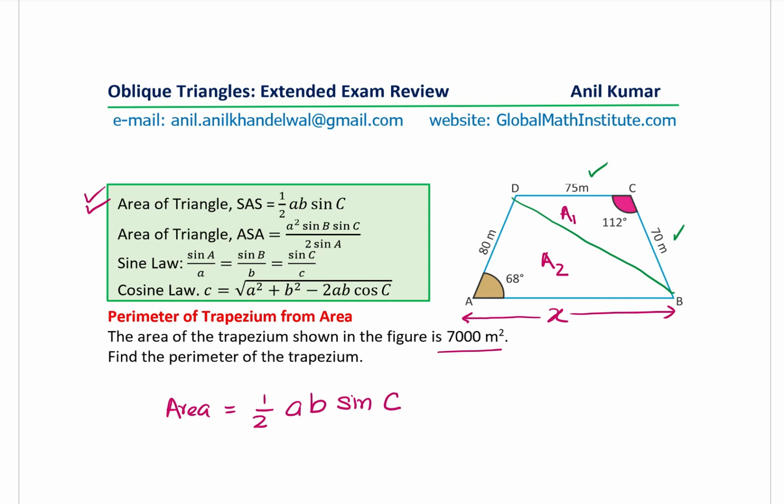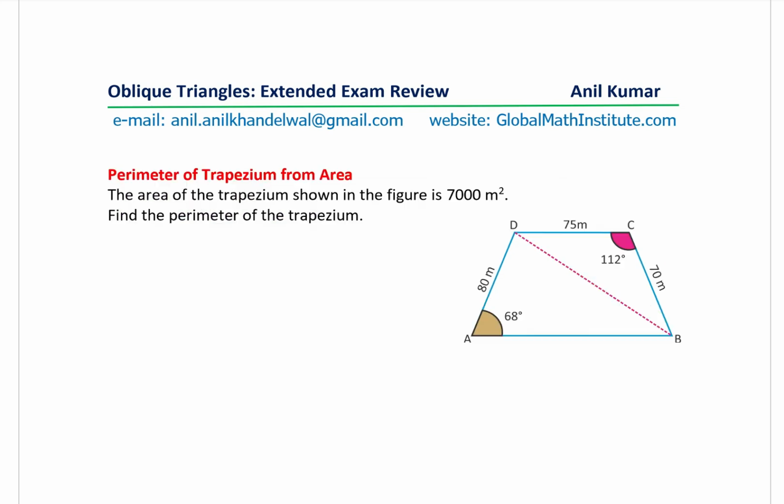Now with that, I'd like you to pause the video, answer the question, and then do your calculations. I'll also try to do calculations and let us confirm our answers. So now let's begin the solution. Now we understand this strategy. Let us now solve the question. The line shown is dividing the trapezium into two parts.